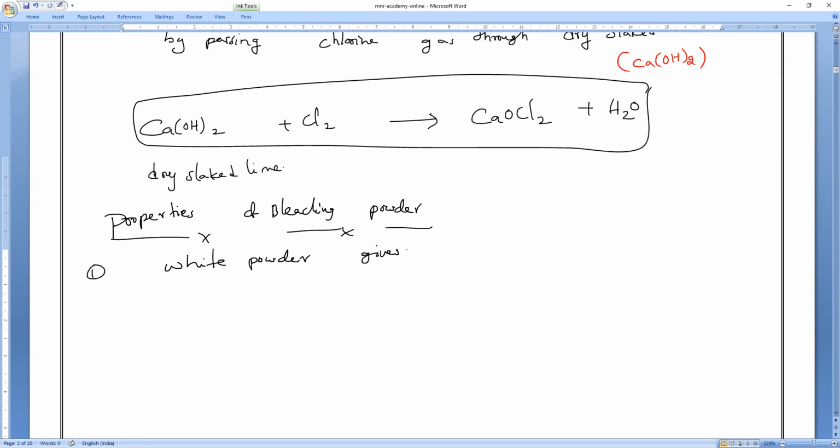Very good. What smell does it give? A strong smell of chlorine. Why? Because it is releasing chlorine. That is the reason.